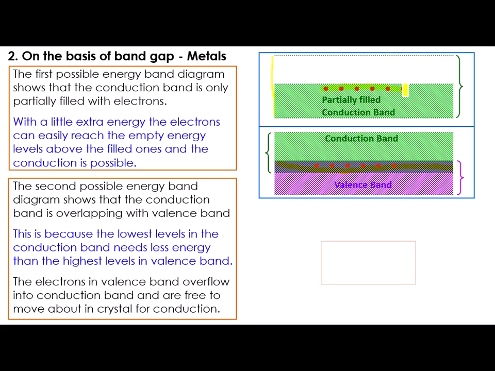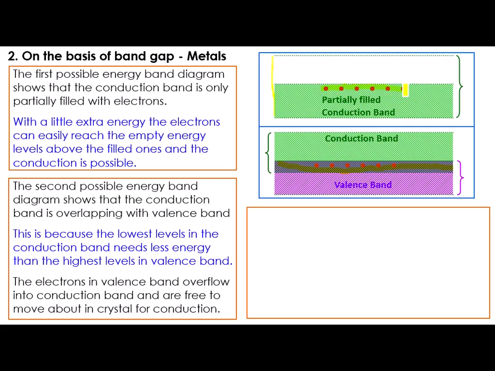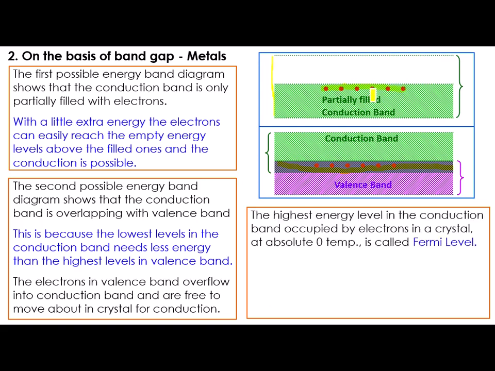Now, in the first case, the maximum energy level the electrons can possess at absolute 0 degree Kelvin is called the Fermi energy level. The maximum energy level the electrons can possess when the metal is at absolute 0 degree Kelvin temperature is called the Fermi energy level, and at absolute 0 degree temperature, metals also behave as an insulator.